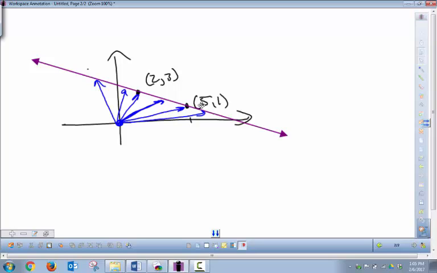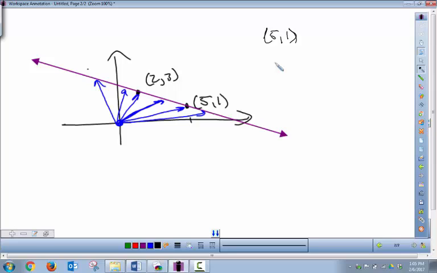What we can do is start with any of these points. Let's start with the point 5, 1. I can get to this point 5, 1 by this vector right here. I also want to be able to get to the point 2, 3, since that's another point that we have.